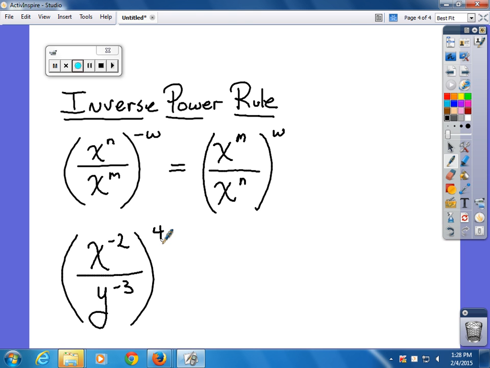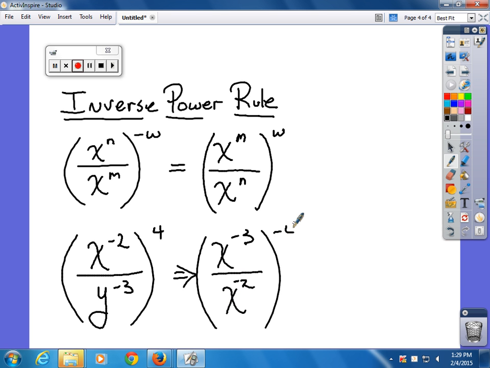That's how you use the inverse power rule. You don't necessarily have to use the inverse power rule. It's just something nice to use. So I would flip it, and it would be x to the negative 3 over x to the negative 2, raised to the negative fourth power. And now use the power rule, what's negative 4 times negative 3?